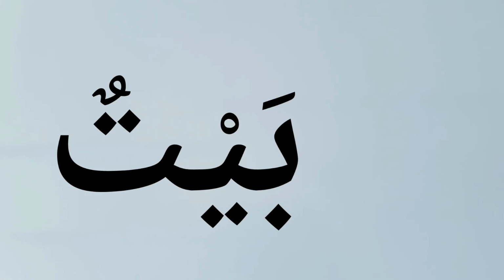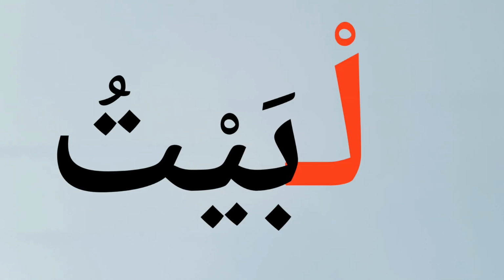So when we say baytun, which means house, this is an indefinite noun. To make it definite, we add lam al-ta'rif at the beginning. So it becomes l-baytu. This means the house. But the Arabs never start with the sukoon. Unlike English or other languages, they don't start with the sukoon.